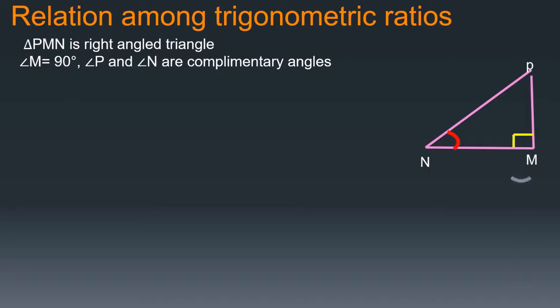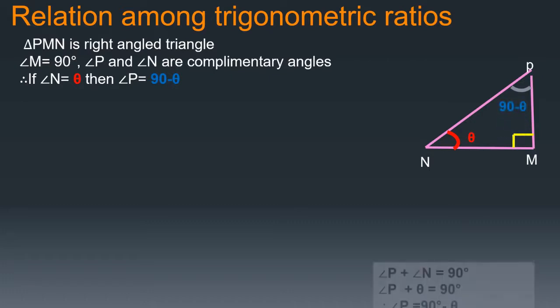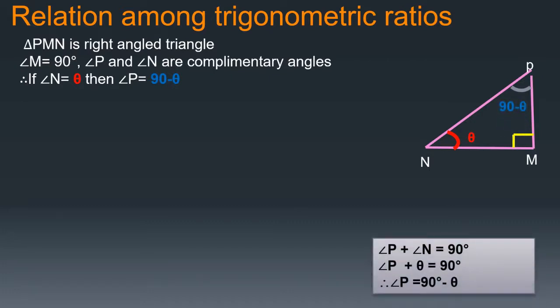Now angle N and angle P we have considered. If I put angle N as theta, then angle P will be 90 minus theta. So where did this come from? It came from the statement angle P and angle N are complementary angles, which means angle P plus angle N is 90 degree.